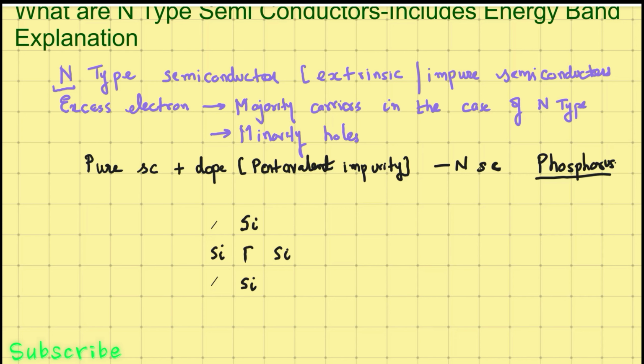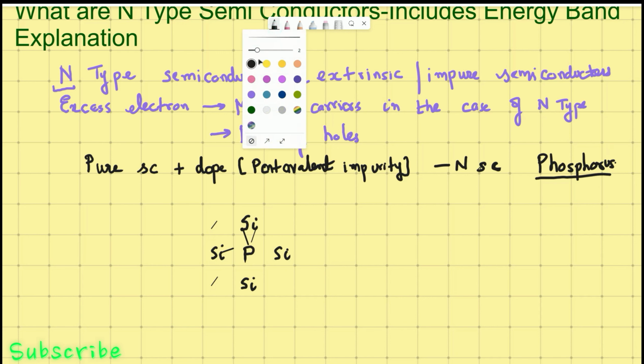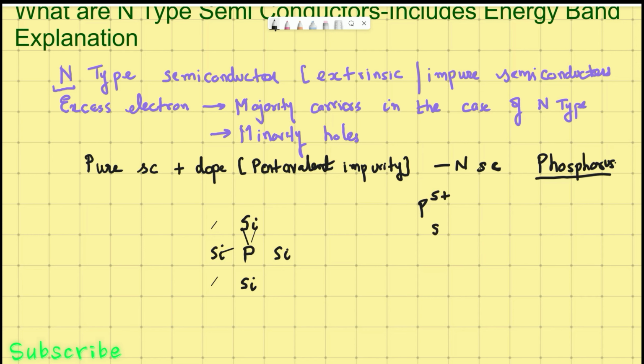I add a pentavalent impurity like phosphorus. When phosphorus enters, it creates bonding with the silicon. Phosphorus is P5 plus because it is pentavalent.